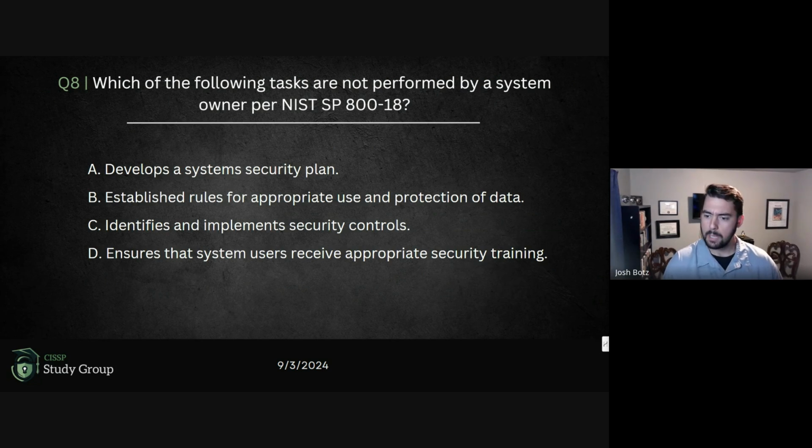I'm going to put the link in the chat so that you can, don't go read this, but if you want to, this is the link to that publication. It's the guide for developing security plans for federal information systems.